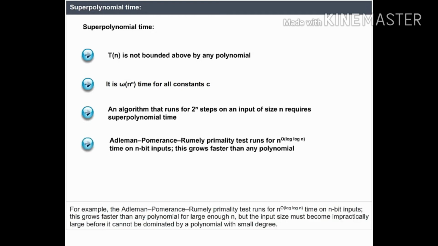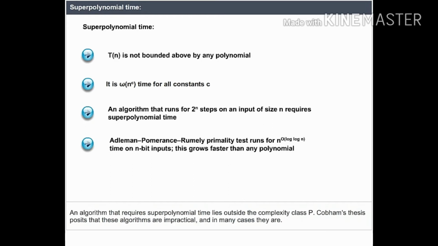For example, the Adleman-Pomerance-Rumely primality test runs for n to the power of O(log n) time on n-bit inputs. This grows faster than any polynomial for large enough n, but the input size must become impractically large before it cannot be dominated by a polynomial with small degree.